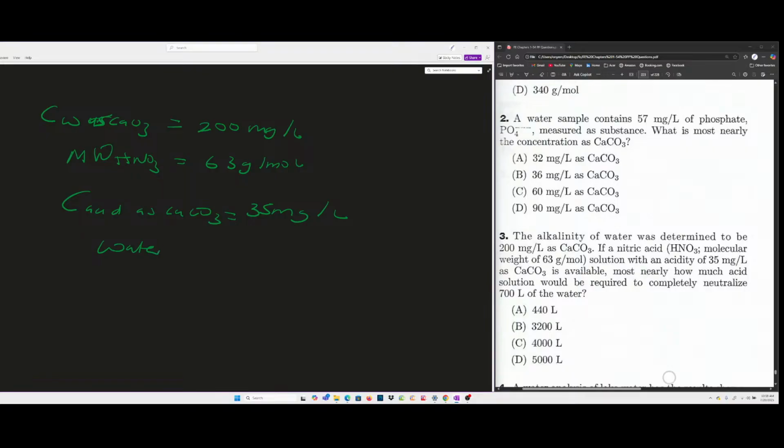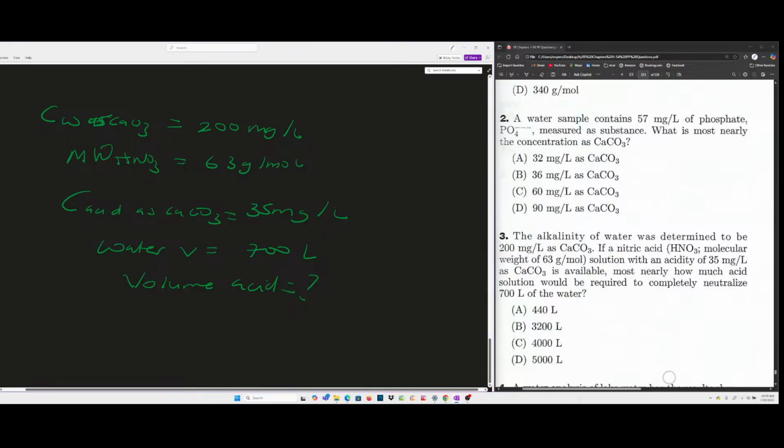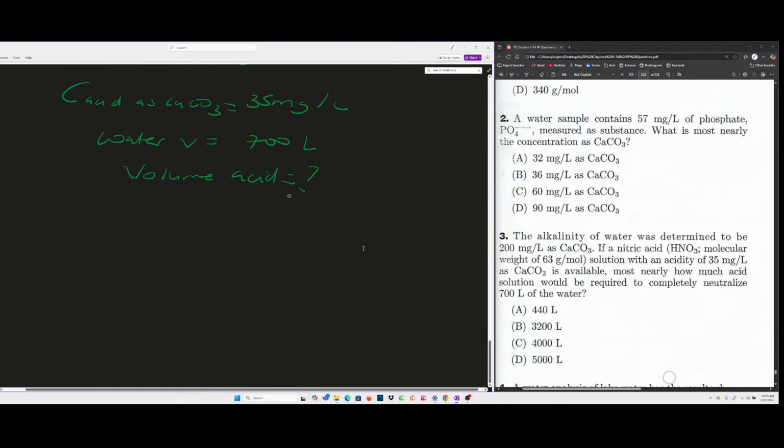So we have a water volume of 700 liters. We're looking for how much acid solution will completely neutralize the water, so we're looking at the volume of the acid solution. In this scenario, the molecular weight of HNO3 is used to fool us.